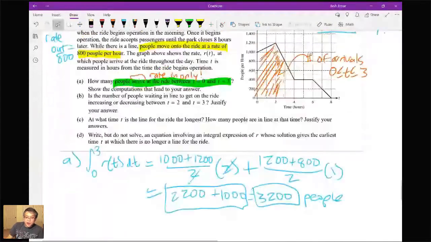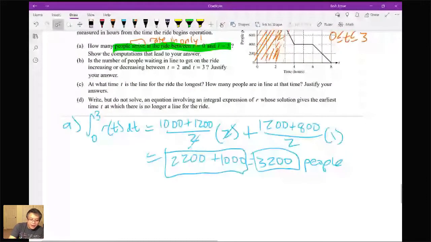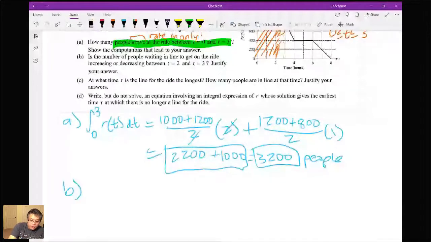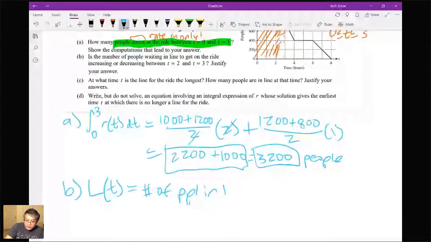Is the number of people waiting in line to get on the ride increasing or decreasing? So B. Let L of t be the number of people in line. Then L prime of t is the rate in minus the rate out.